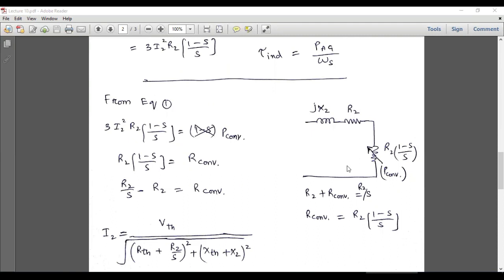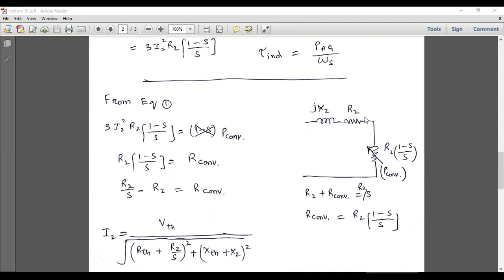Now, what is the purpose of dividing this R2 over S into two resistances? The power which is dissipated across this R2 resistance is called rotor copper loss, and the power which is dissipated across this R converted is called the converted power, P converted.